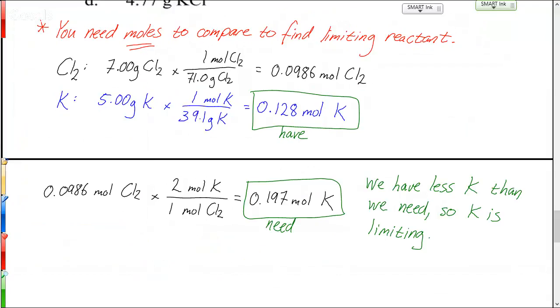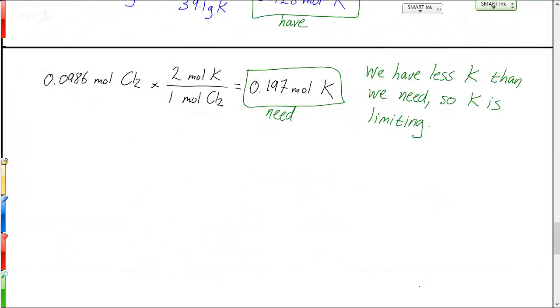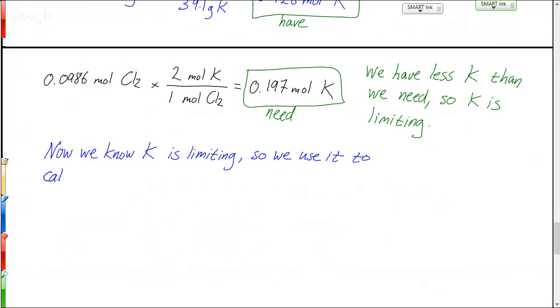Okay, so now that we know which one is limiting, we know potassium is the limiting reactant. So we use the potassium numbers to calculate the products.